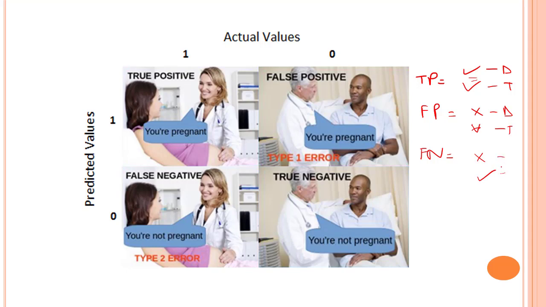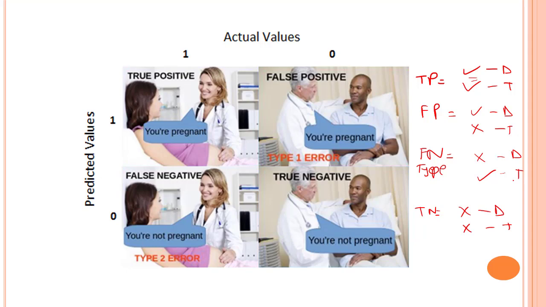So that is the case of type 2 error. And true negative is when the doctor says you are not pregnant and you find out that eventually you are not pregnant. So that is the difference between true positive, false negative, false positive, and true negative.